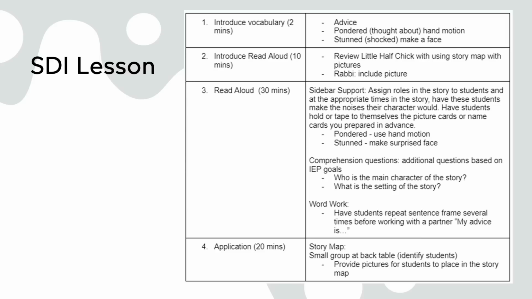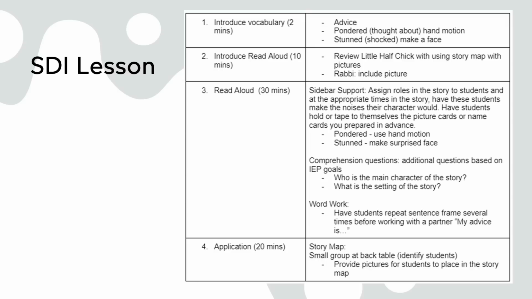When reviewing the story from the previous day, Little Half Chick, we will reference the story map with pictures that was used during pre-teaching and instruction. When introducing the word rabbi, a character in today's story, we will provide the picture from the flip book so we can reference it as needed.